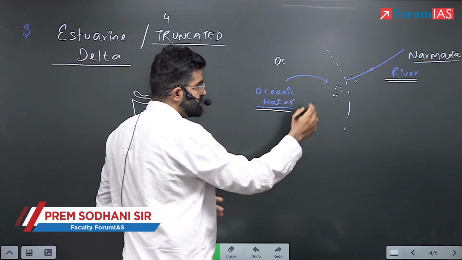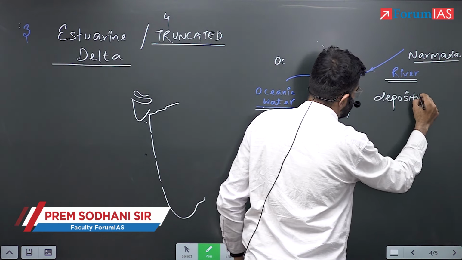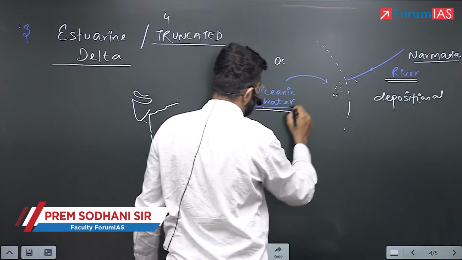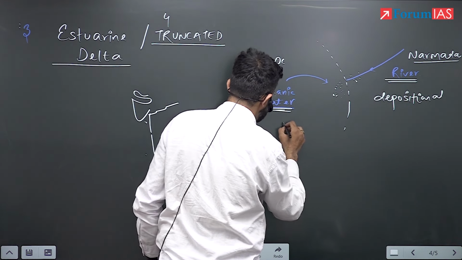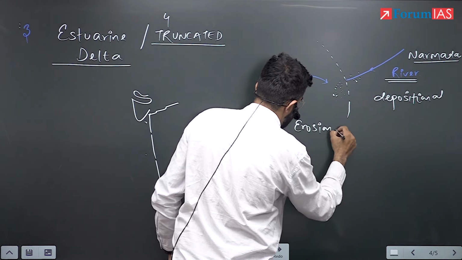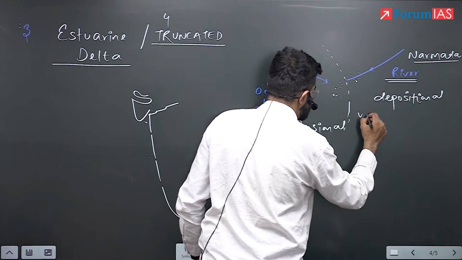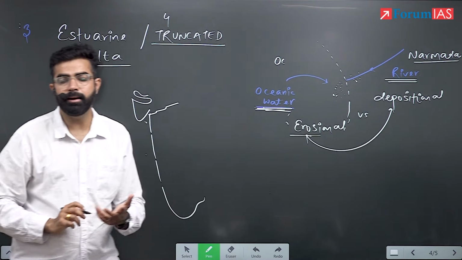So there is a struggle going on in the work of the river, that is nothing but depositional work, and the river is meeting this challenge where the oceanic water is continuously doing erosional work. Okay, so this struggle between erosional and depositional work is continuously going on in this area.